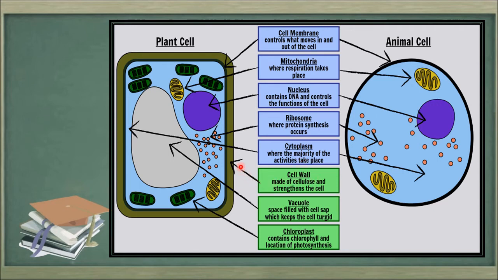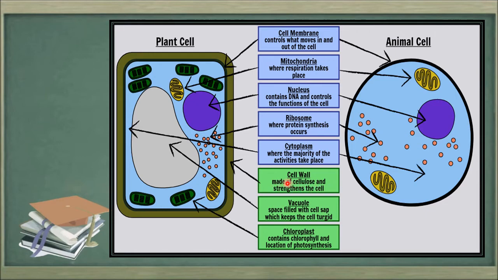Plant cell has a cell membrane, but one more additional covering is there in plant cell. This one is the cell membrane, and after that this broader portion is the cell wall. So it has an additional covering. What is the function of the cell wall? It is made up of cellulose and strengthens the cell.